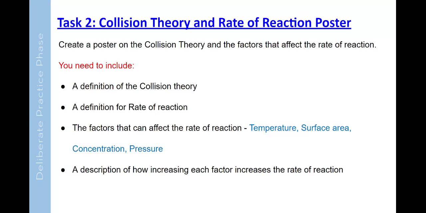Now, what you'll need to include is a definition of the collision theory, a definition for rate of reaction. You then need to list the factors that affect the rate of reaction, so temperature, surface area, concentration, pressure, and then I want you to describe how increasing each factor increases the rate of reaction.